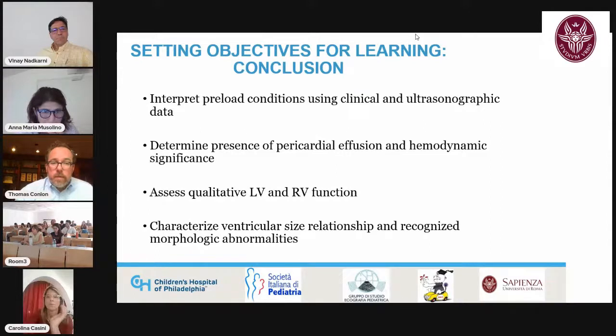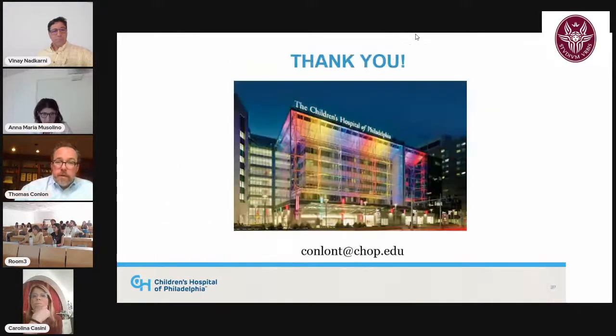Second, we can identify the presence of a pericardial effusion, and in the clinical context, determine its hemodynamic significance. We can also assess for left ventricular and right ventricular function, and we can characterize ventricular size relationships to identify abnormalities that might be consistent with pressure overload conditions. That concludes my talk, and I am happy to take any questions that you might have.